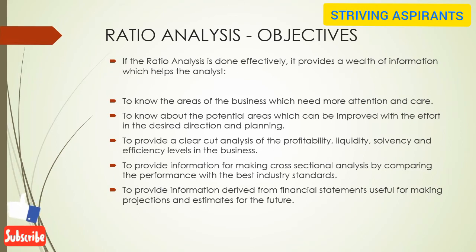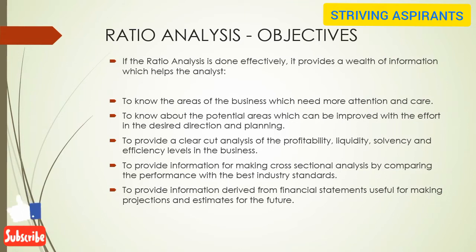Fourth point, to provide information for making cross-section analysis by comparing the performance with the best industry standards. Fifth point, to provide information derived from financial statements useful for making projections and estimates for the future.